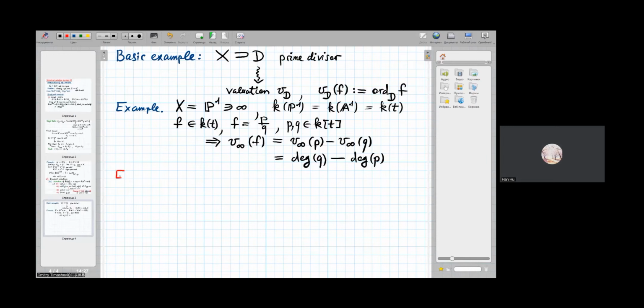Exercise 2. Suppose your variety X is quasi-affine.